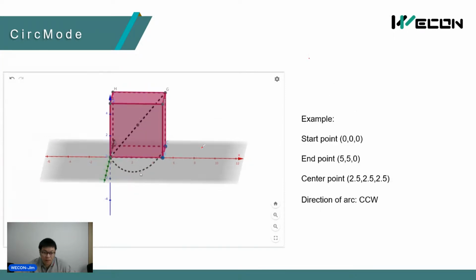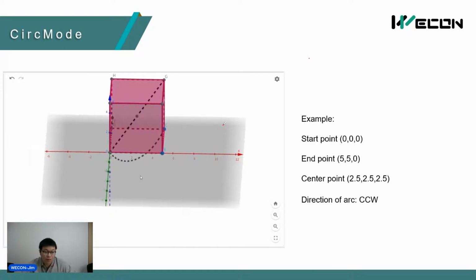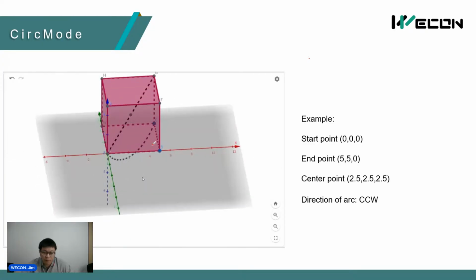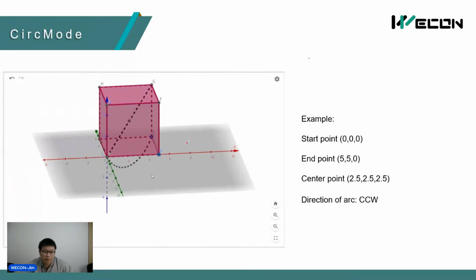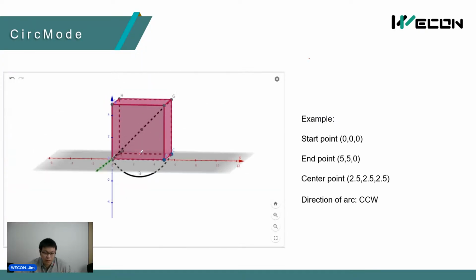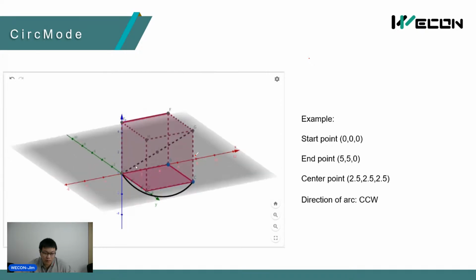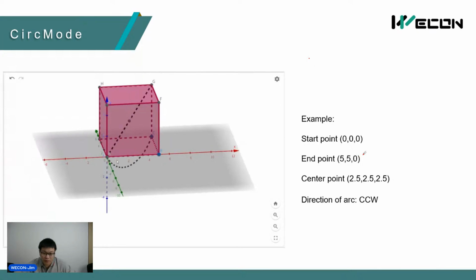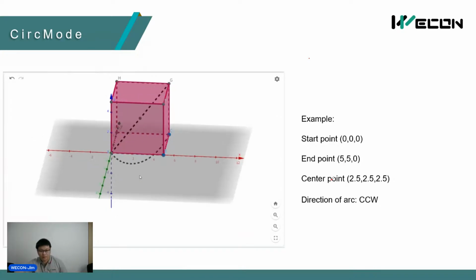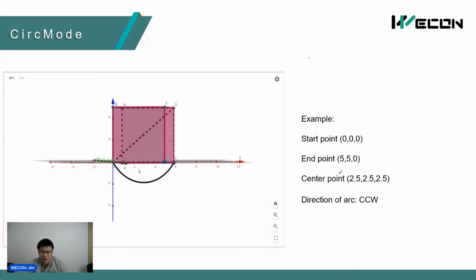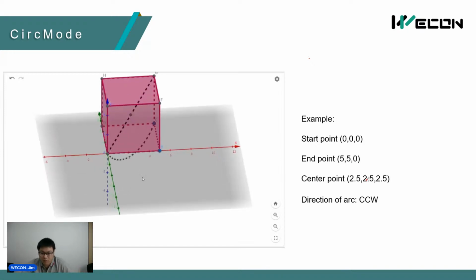Okay, here. For example, if you want to draw this curve, our start position is 0, 0, 0, and the end position is 5, 5, 0, and the center position of the curve is 2.5 and 2.5.